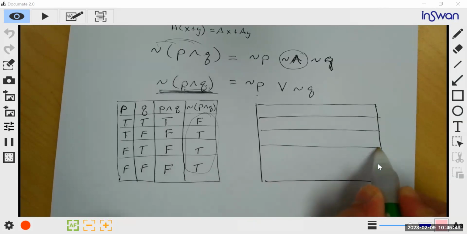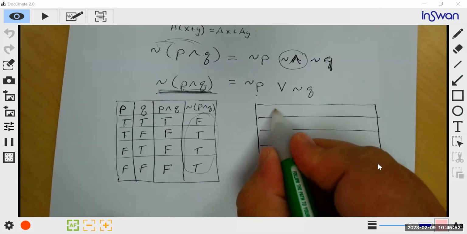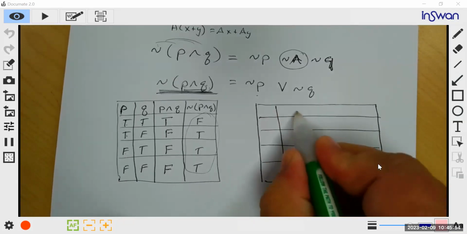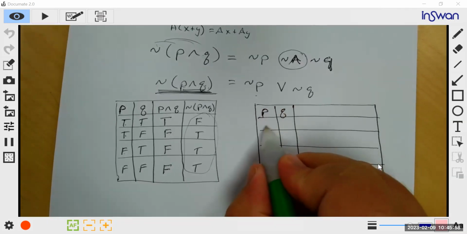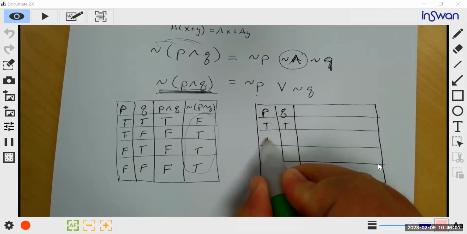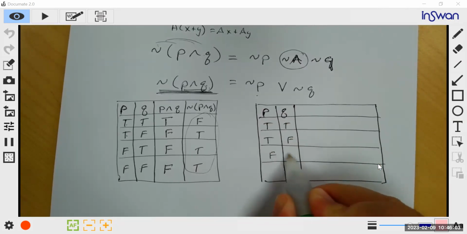Again, we only have 2 letters, so we need 4 rows. P, Q. True, true, true, false.